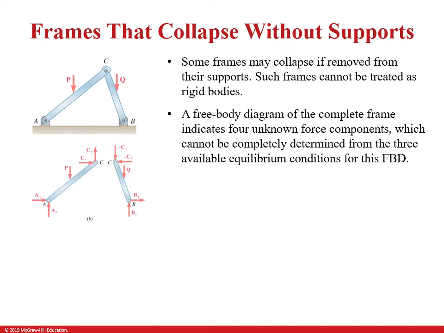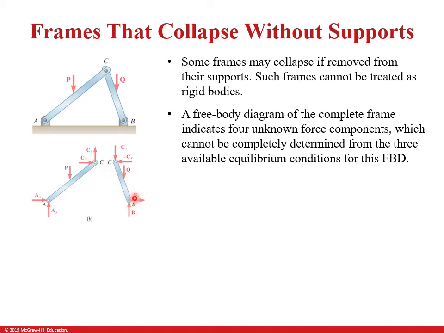If we look at the free body diagram of the complete frame, right? We've got reaction forces at A, we've got two of those, right? X and Y. And we've got reaction forces at B, two of these. Now, looking at the top here, we've got Cx and minus Cx, right? These forces are equal and opposite. So let's count.